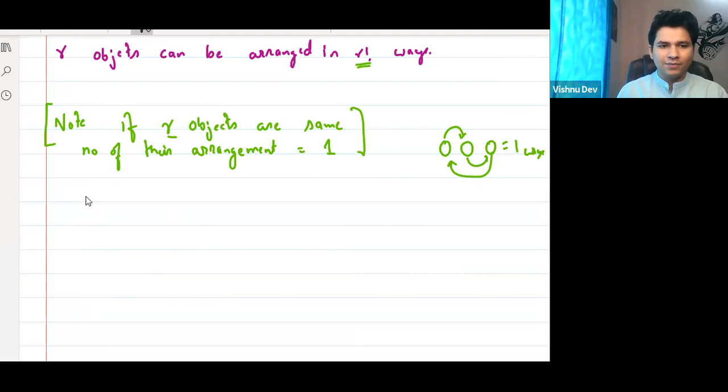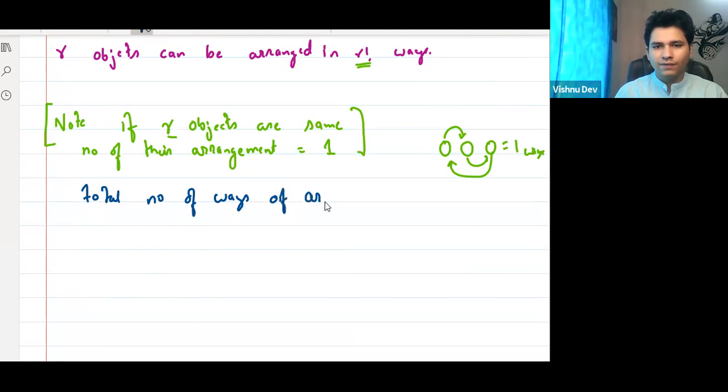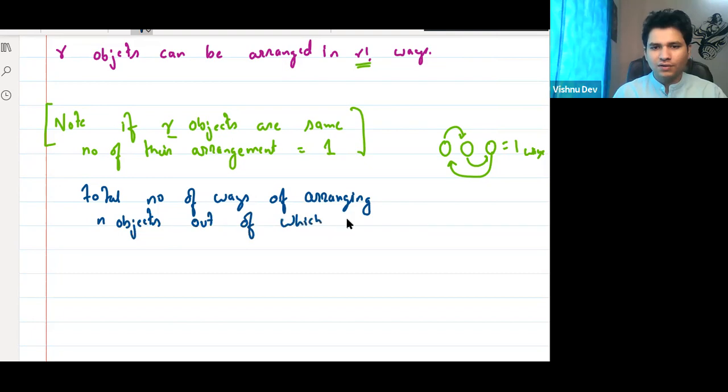So I can say the concept is that the total number of ways of arranging n objects, out of which r objects are same, is equal to n factorial divided by r factorial.